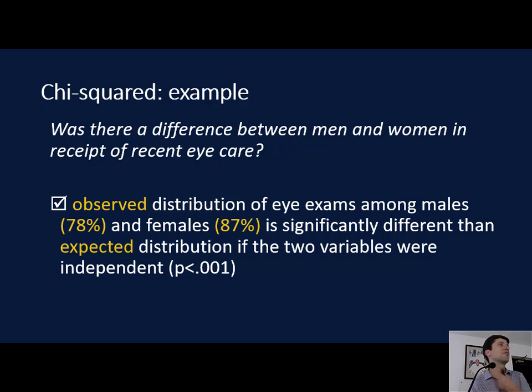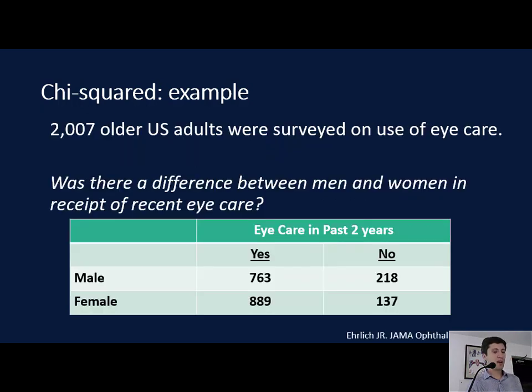Well, we're not expecting 50-50 because more than 50% of people get eye exams, right? So if we go back to the table here, we might know that on average, 75% of people get eye exams, let's say, okay? So we would expect 75-75, 25-25, perhaps.